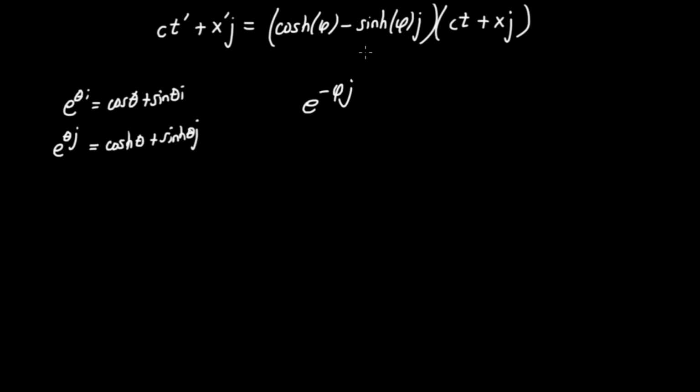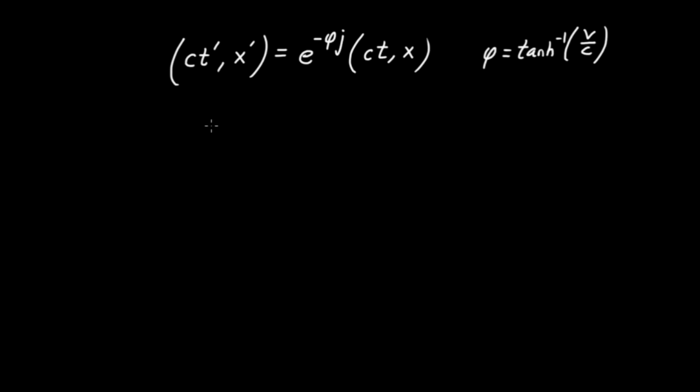So this whole thing is just equal to e to the minus phi times j, just using this formula here. And again, I'm just asserting it in this video, but I've got the details in some of my other videos. So I'm going to rewrite this split complex number as e to the minus phi times j. I'm going to leave this one alone as ct minus x times j. And that's equal to this one over here, which is the boosted coordinate.